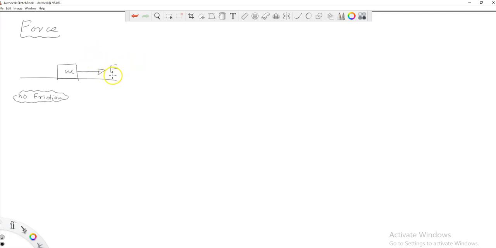So we can write a relationship to connect force, mass and acceleration. It's Newton's second law, F equals ma. So we did a bunch of examples using this. I believe you all are familiar with this. So let's look at some variations of this. All right.